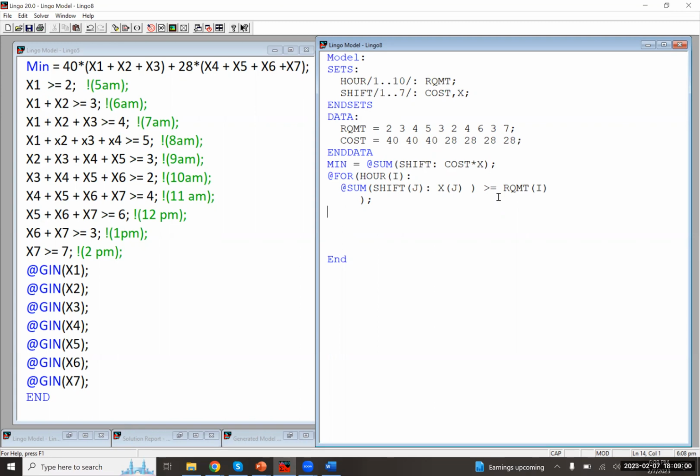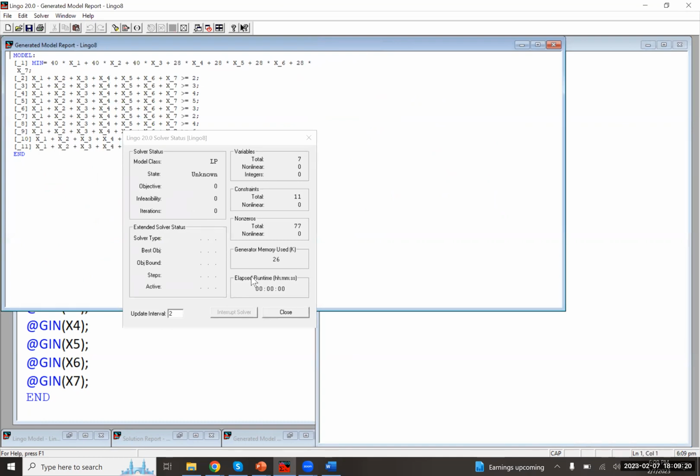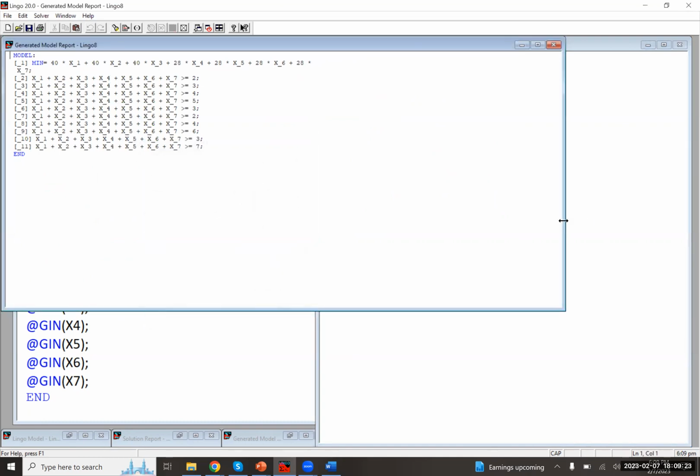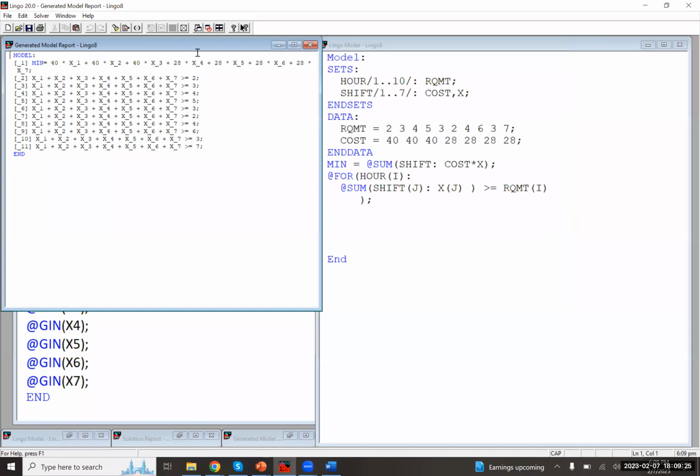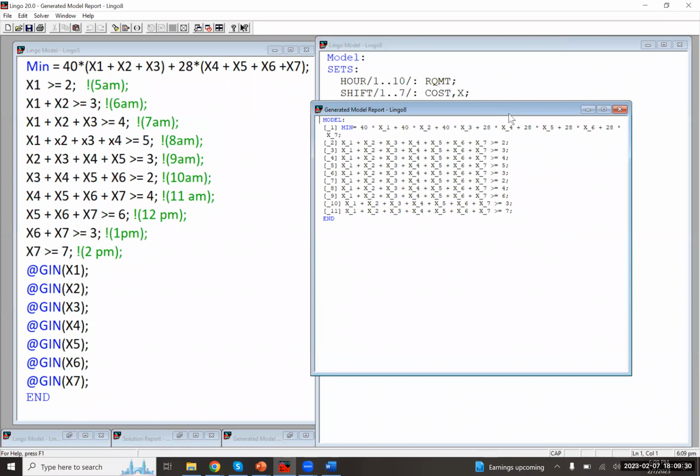So is this correct? For example, if you want to see what we created so far, then go to generate and display model. So this is what you've got so far. Based on our Lingo set, Lingo generates these constraint sets. So is this correct? Obviously, no, that's not correct, right?